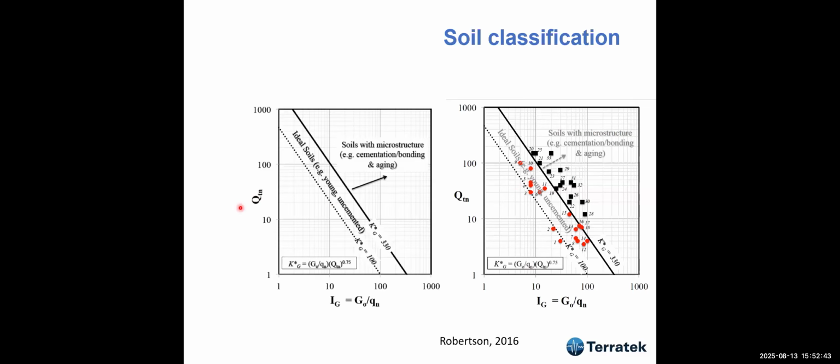He plotted QTN against G naught over QN, which is shear modulus over the tip resistance. And what he found is that if you have a good soil, not with a microstructure, it plots in the red here in this area.